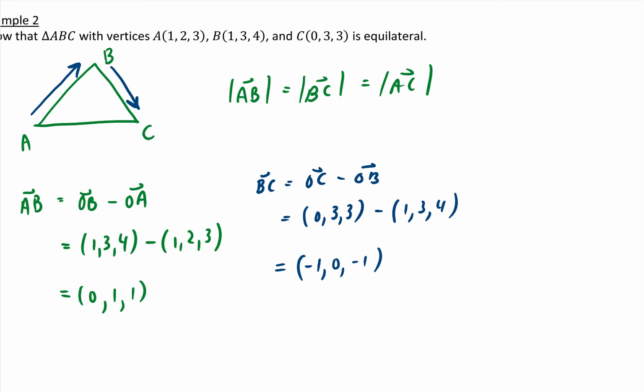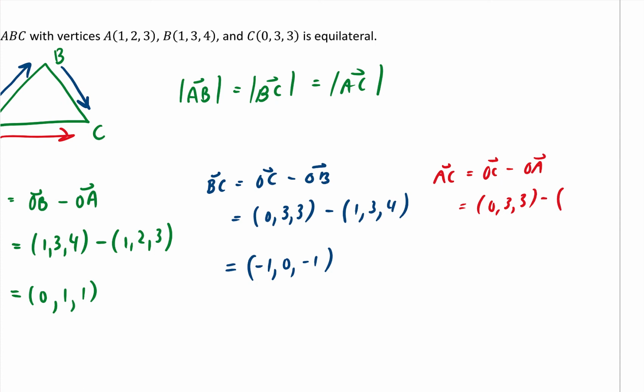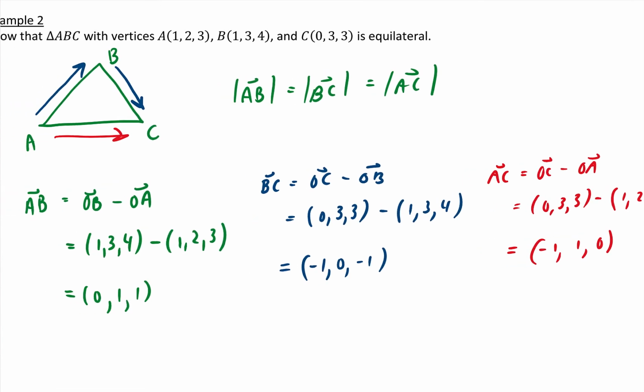And finally our last vector, A to C, which is here. Vector AC is OC minus OA. So C is (0, 3, 3) minus vector OA, which is (1, 2, 3). If we subtract those, we get (-1, 1, 0). So there are 3 vectors.